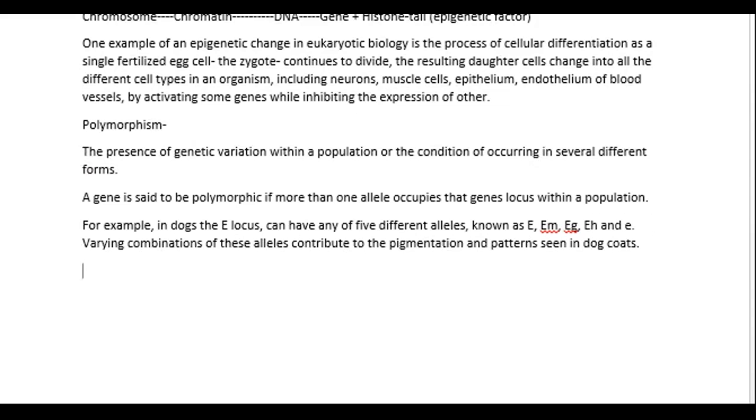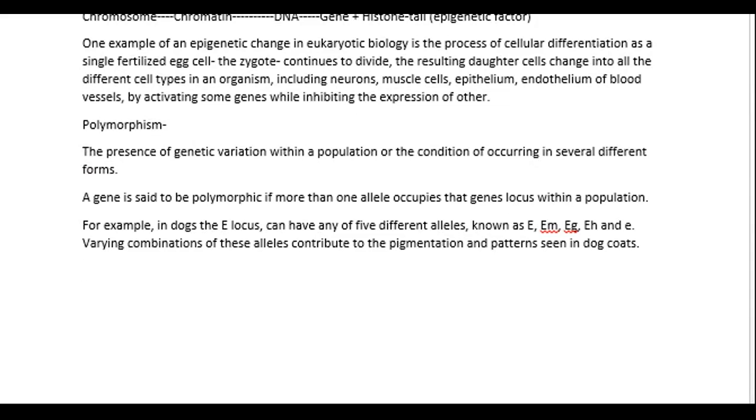Right? So, what is polymorphism? By this example, we can know that in a dog population, the E locus has different alleles. This is called polymorphism. Because of this, there are different patterns of pigmentation in the dogs, so that some dogs are white in color and some dogs are brownish in color.